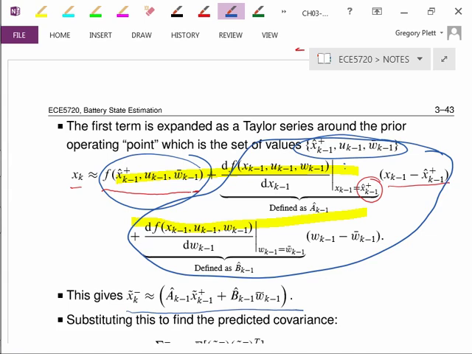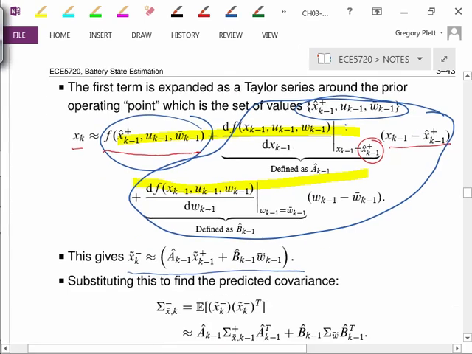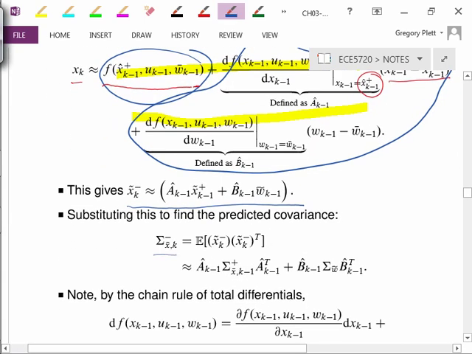I'm going to use this now to find the covariance of the prediction error. So sigma is equal to the expected value of x tilde times x tilde transpose. And plugging this in, we've seen this enough times that I don't put all the steps in any longer.